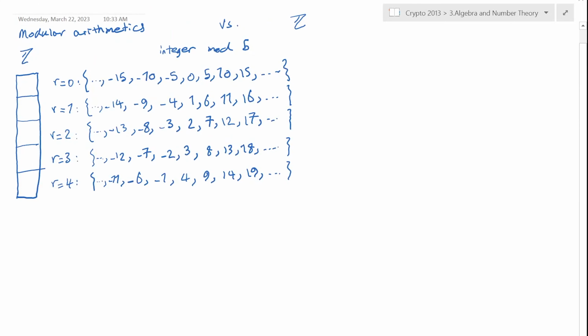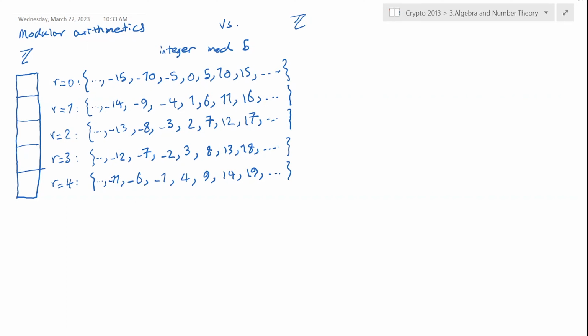If you look closely, this partitions and covers all the numbers in Z: 0, 1, 2, 3, 4, 5, 6, 7, 8, 9, and so on. If you take the union of all of them, it turns into the entire set Z.